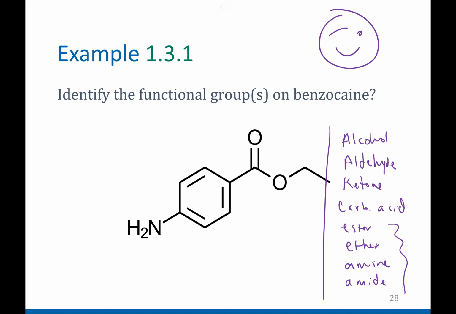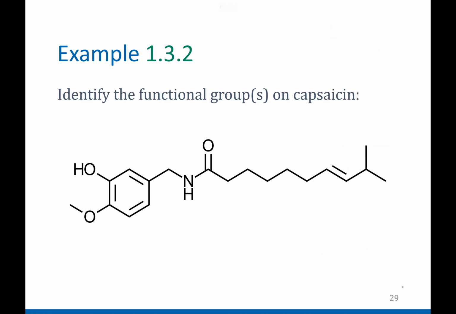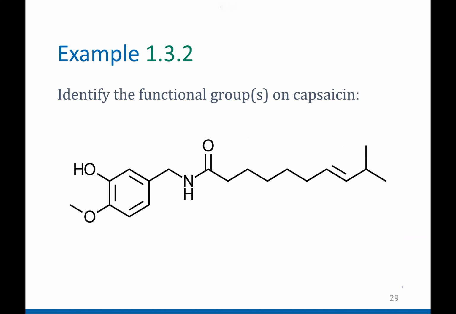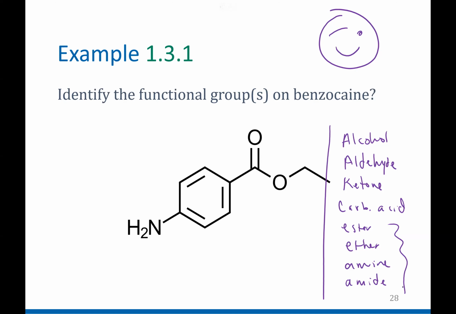All right, so before we even identify the functional groups, I'm going to try to give you some fun facts about all of these chemicals. So we have benzocaine, capsaicin, aspirin, and vanillin. So benzocaine is a chemical I made many, many years ago. I guess, gee whiz, I'm 35, so maybe 15, 16 years ago.